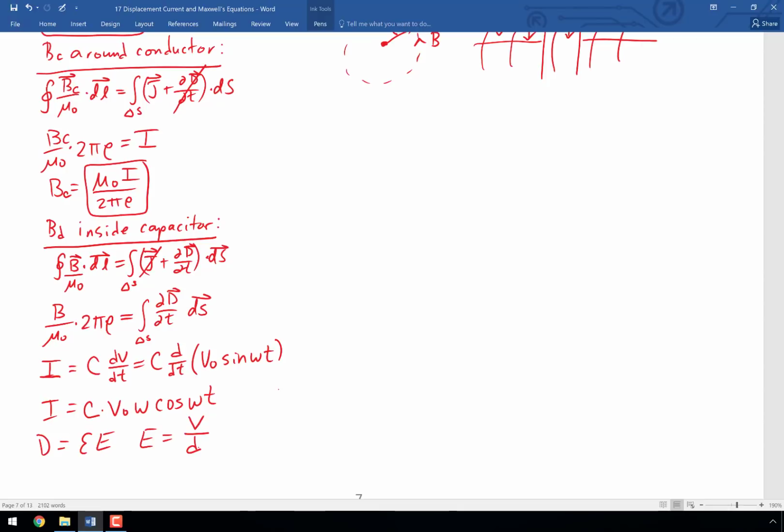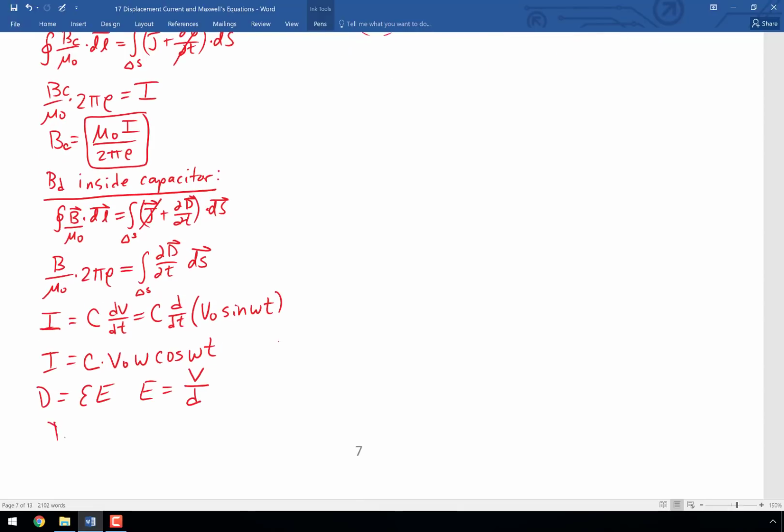So therefore, I can write that D is equal to epsilon times V divided by d. Let me also just take a minute and observe that we also know that the capacitance is epsilon times A divided by d. So we have an equation for D, and we have an equation for C.